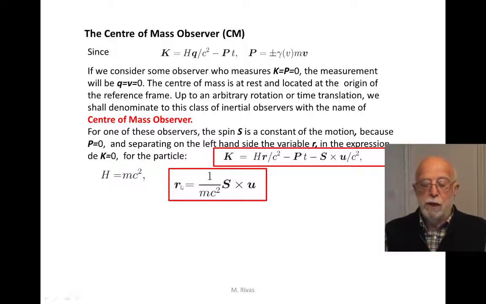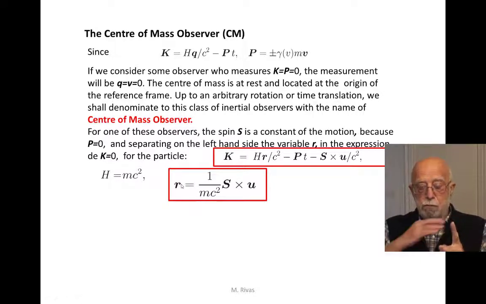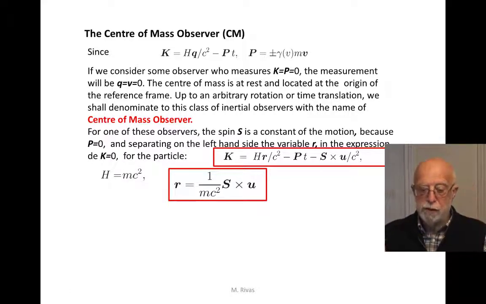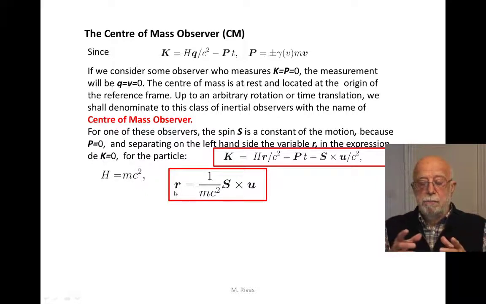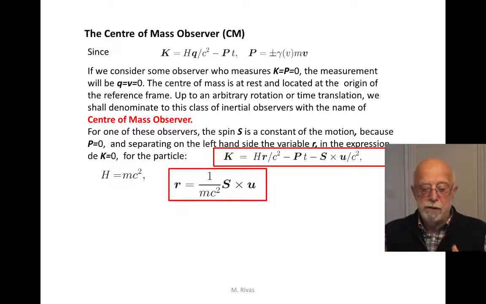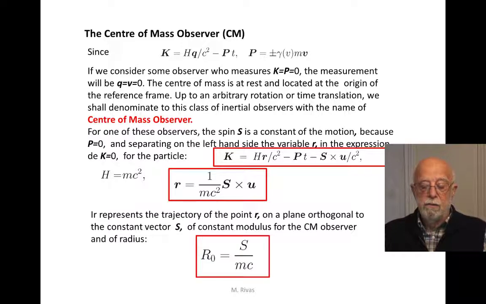So the point R, if I fix the spin direction, is moving in a plane orthogonal to the spin. If I make the scalar product of this expression with U, R dot U is 0, so the absolute value of R is constant. So the point R for the center of mass frame, once the spin has been defined, is moving along a circle of radius R0.